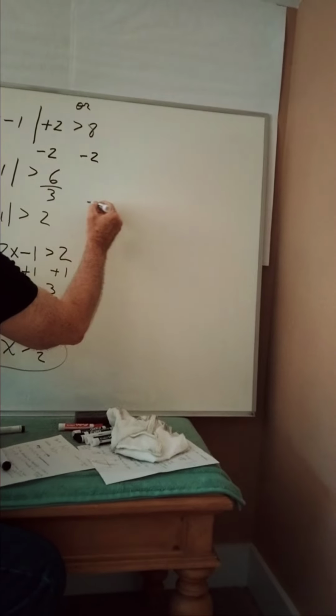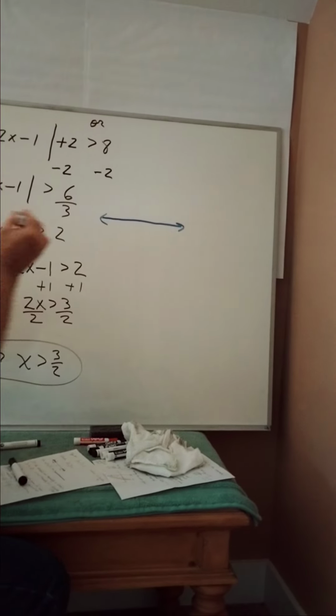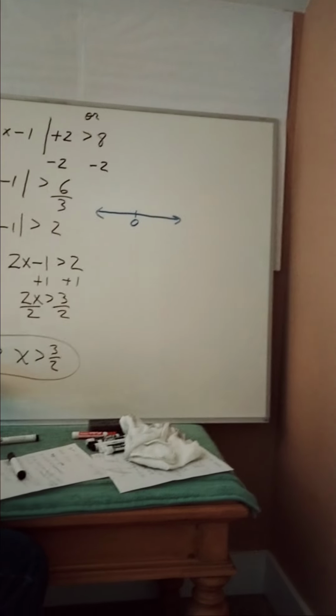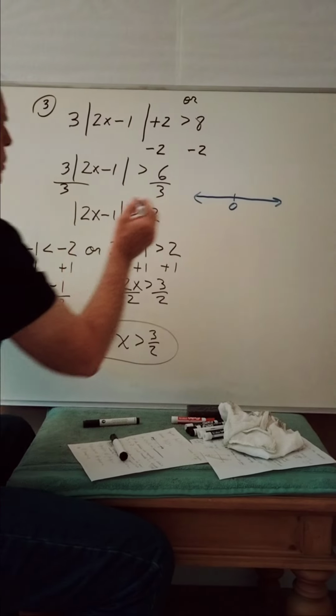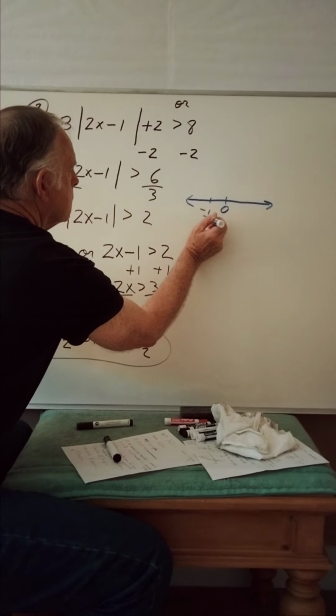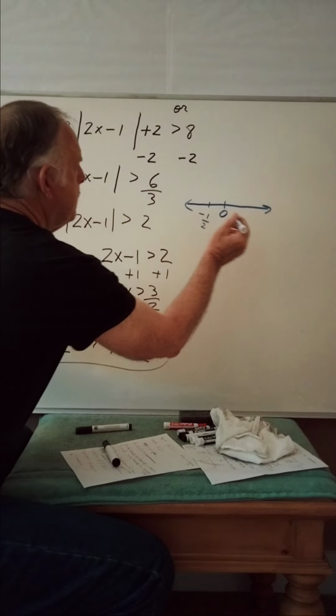The graph. We'll stick a 0. We've got a negative 1/2. You just put it over here. And 3 over 2. Maybe out a little bit further.